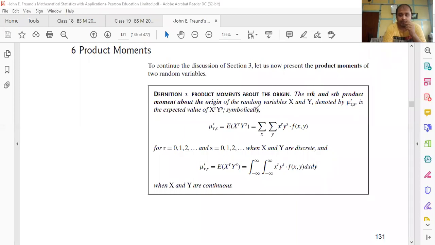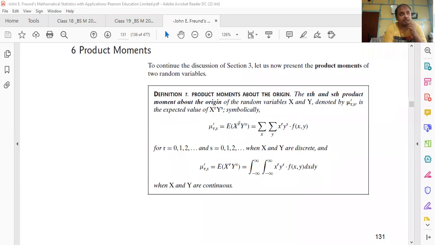In suffix we write r comma s, in superscript we write prime, so mu rs prime is the expectation of this particular product of the random variables.